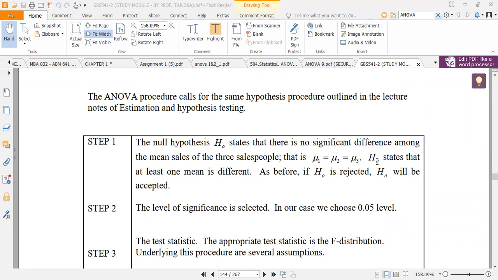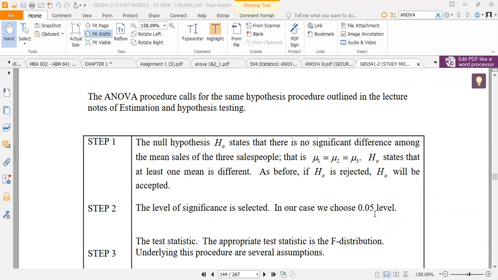Our H1 or HA is what we call the alternative hypothesis. This alternative hypothesis simply could state that at least 1 is different. Or you say mu1 is not equal to mu2 is not equal to mu3. So the second step is to state the level of significance.